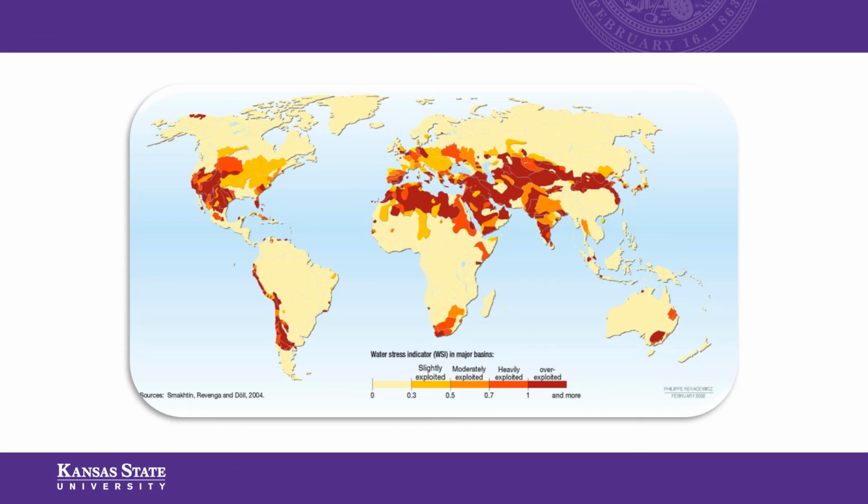So we've talked about what it means to be water poor and water rich. These terms relate to two other terms, which are water stress and water scarcity. Water stress means that it's becoming more difficult to obtain fresh water because of depleting resources. So the water table is dropping, and it is getting harder to get fresh water to meet human needs.